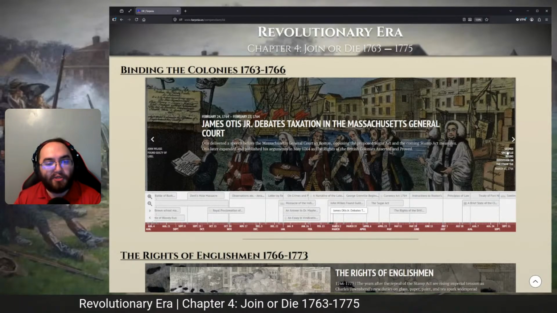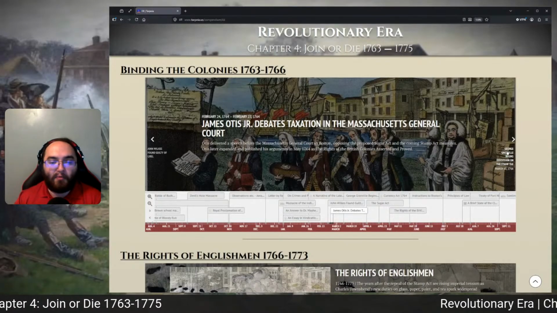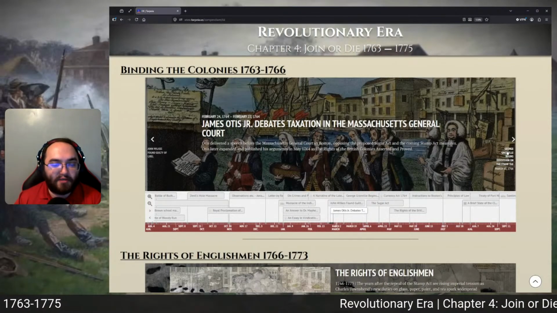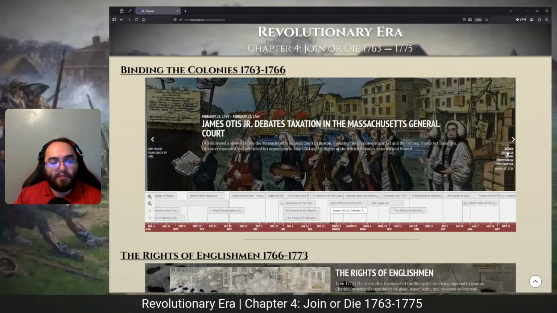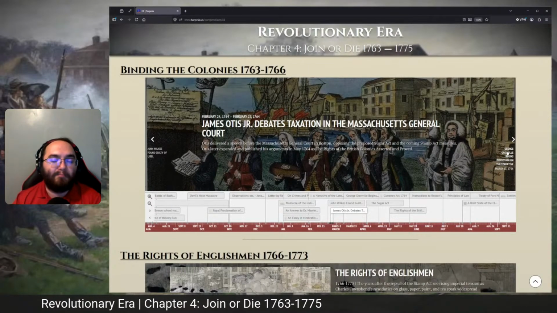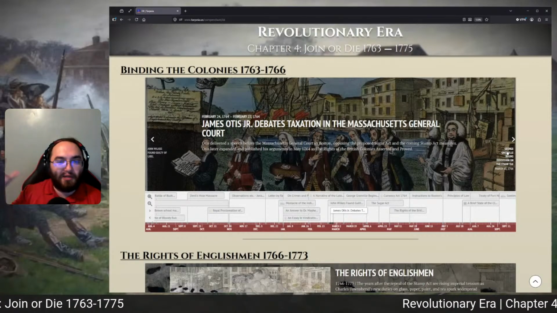How do we react to British encroachments on our authority to govern the colonies ourselves? They're going to start at the local level and then the colonial level, and then make their way up to the United Colonies level. And this chapter shows that progression.